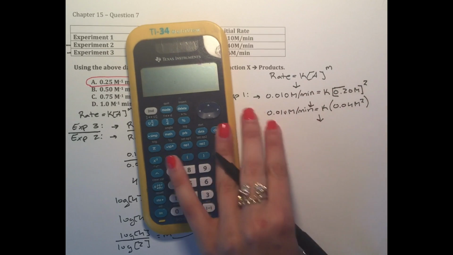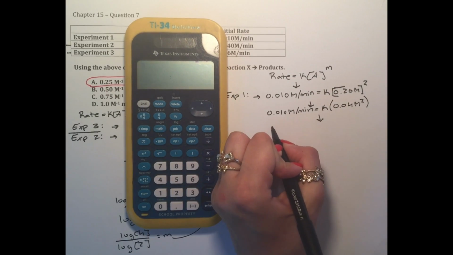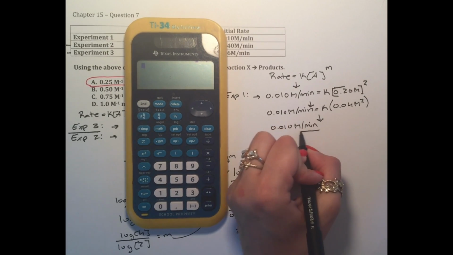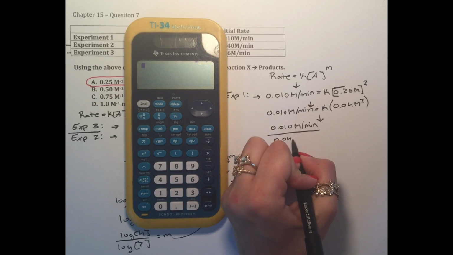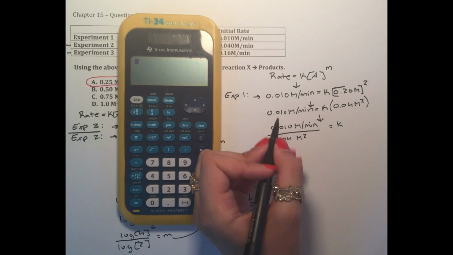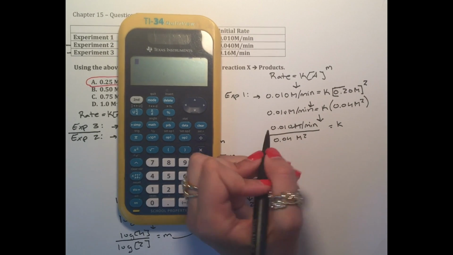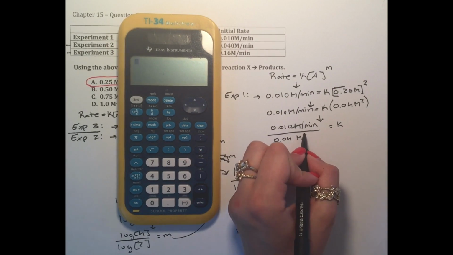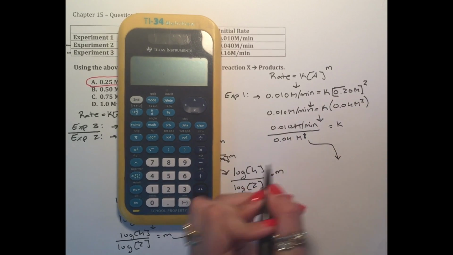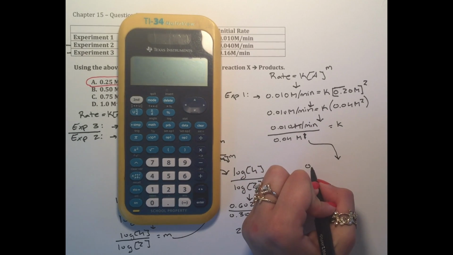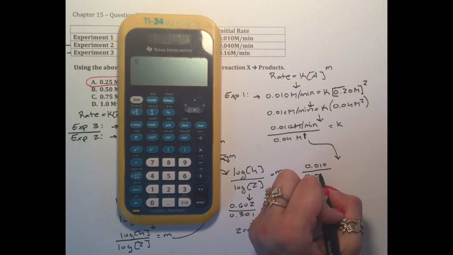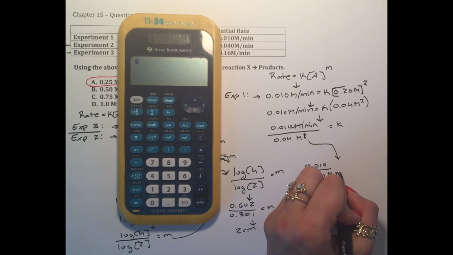Now let's divide this by this side in order to solve for K. Here we can already see the molar in the numerator is going to cancel out. The molar in the denominator is going to become a 1. We're running out of space again. So our units are going to become 0.010 over 0.04 molar times minute.